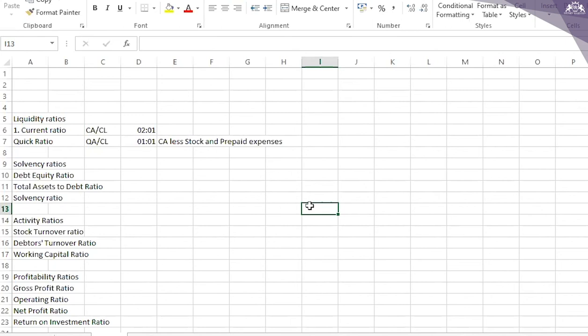Lower the debt equity ratio, higher the degree of protection enjoyed by the lenders. So this is debt divided by equity. If it is less, that means your equity is more than the debt.